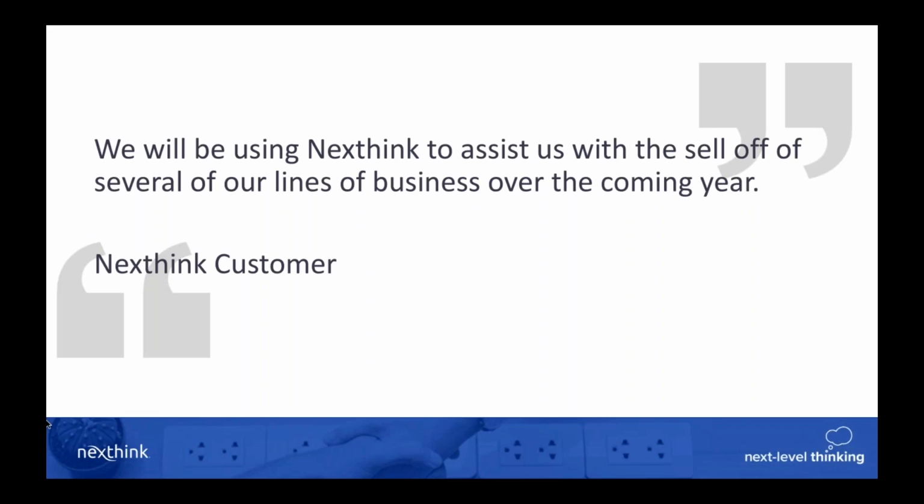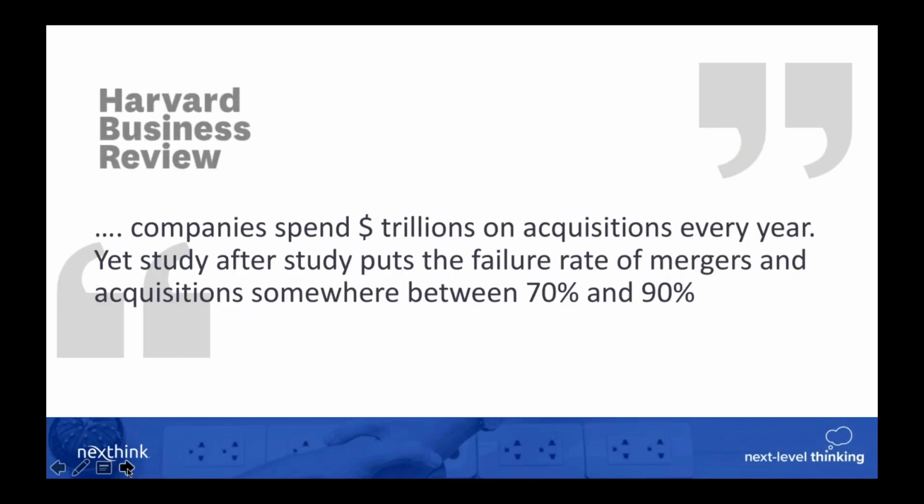It's increasingly a relevant use case for our Nexthink customers. But I think anybody that's got close to the topic of mergers and acquisitions has probably read a statistic like this that suggests that the failure rate of M&A is incredibly high. This is from a 2016 quote from Harvard Business Review, and it suggests that the figure is somewhere in the 70 to 90% range.